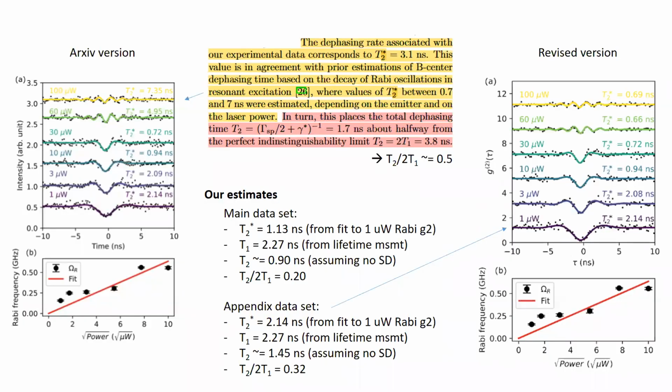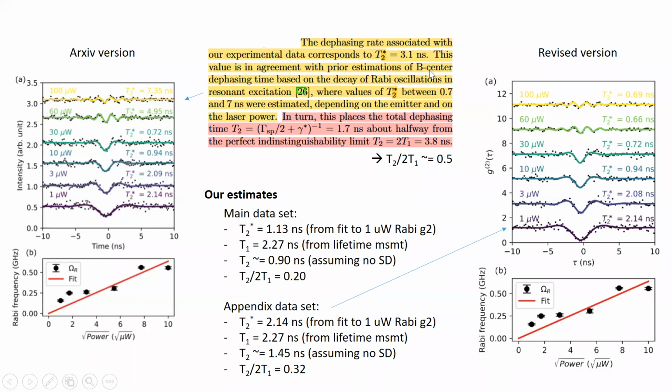One last thing that I thought was interesting is they dropped in another reference to our prior paper to anchor their estimate of the pure dephasing rate. Or, I mean, again, they call it the dephasing rate.